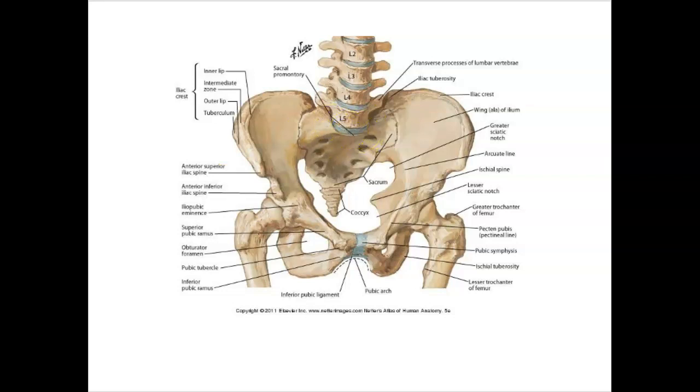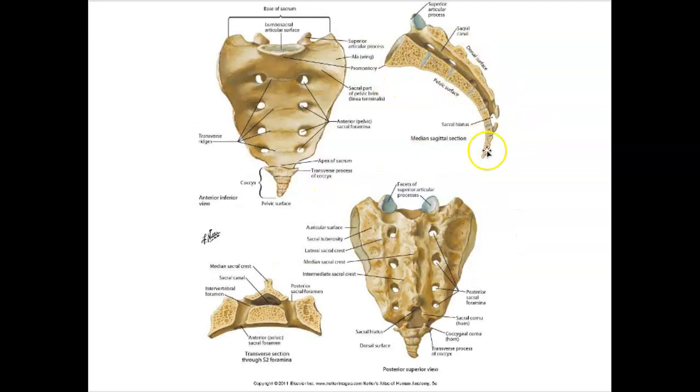It's really, if you look at this picture again here, it really tips backwards, the sacrum does. And so the lumbar spine, as its curvature comes down, as that lordosis comes onto the first sacral vertebra, you can see how it's almost like the roof of the pelvis as the sacrum tips there. So the sacral promontory is just this most anterior portion of the sacrum.